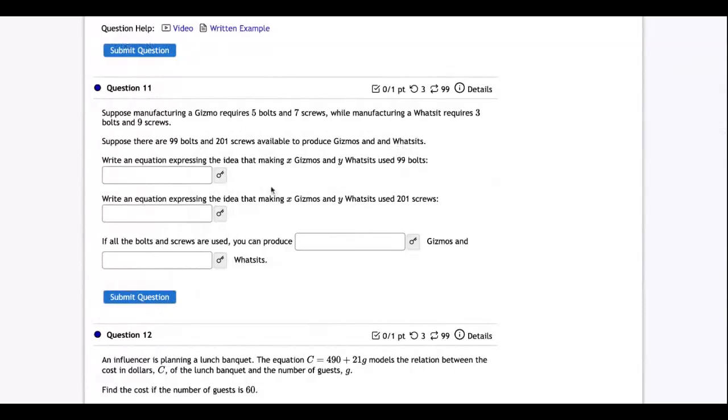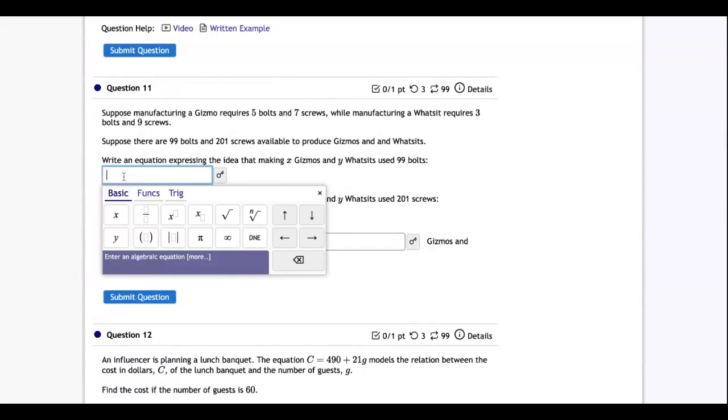Write an equation expressing the idea that making X gizmos and Y worsets uses the 99 bolts. All right, this one is a little bit tricky, requires some thinking.